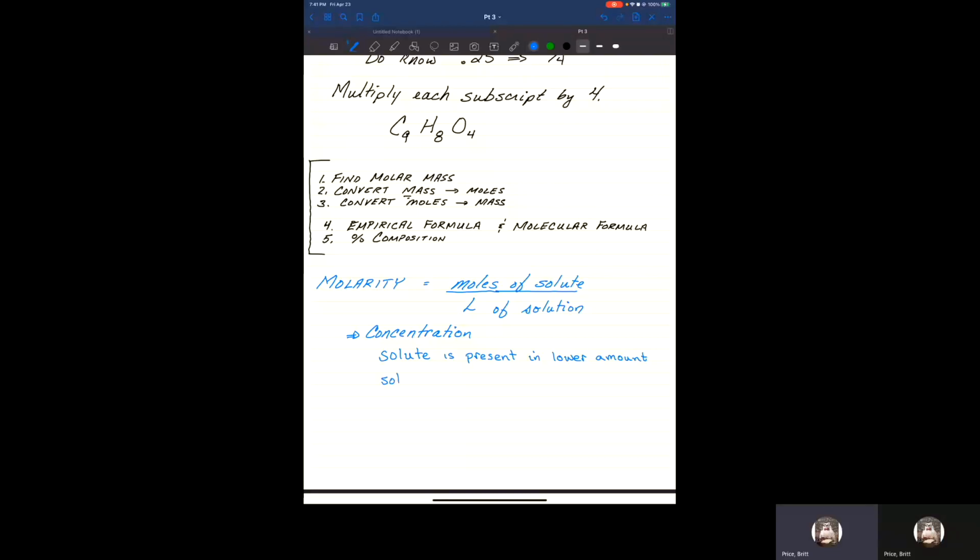Solvent is present in a larger amount. Now, we really only need to worry about larger amount, lower amount if we're trying to mix two liquids together.